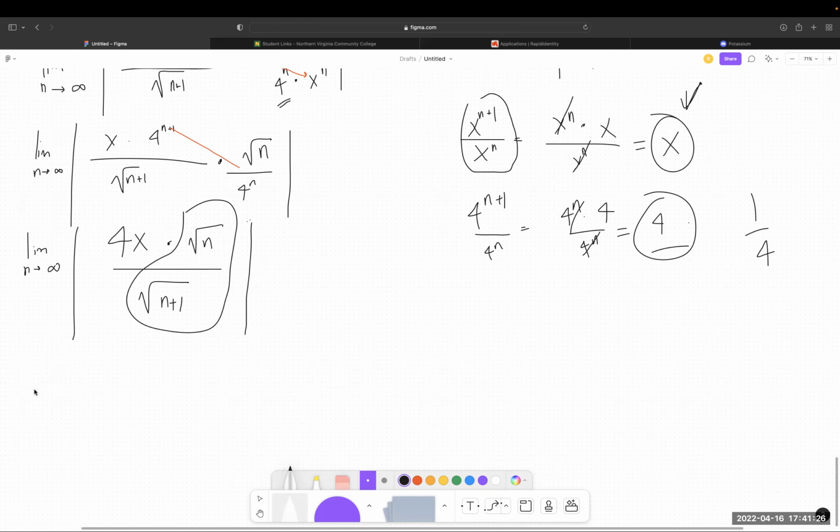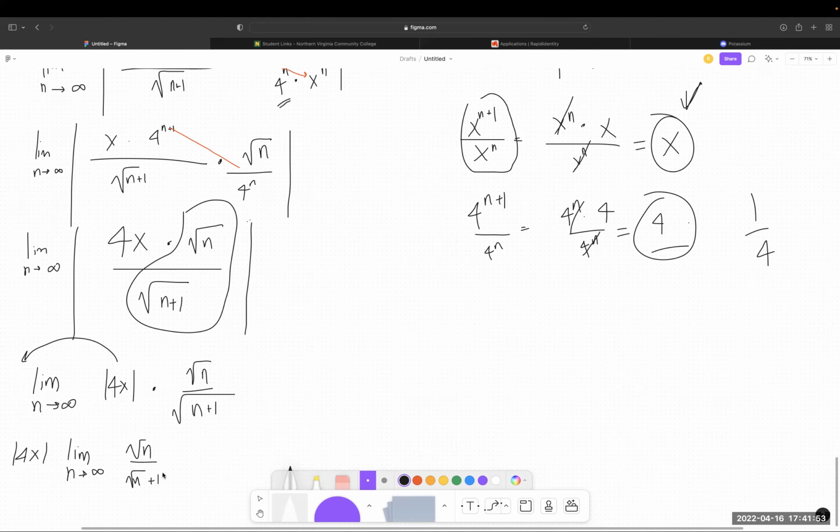So usually what we'll say here, the limit as n approaches infinity is the absolute value of 4x times all of this guy, which, do I really need an absolute value here if it's always going to be positive despite the value of n I put in here? No, right? And let me pull this out just so it's very clear to the audience what I've pulled out here.